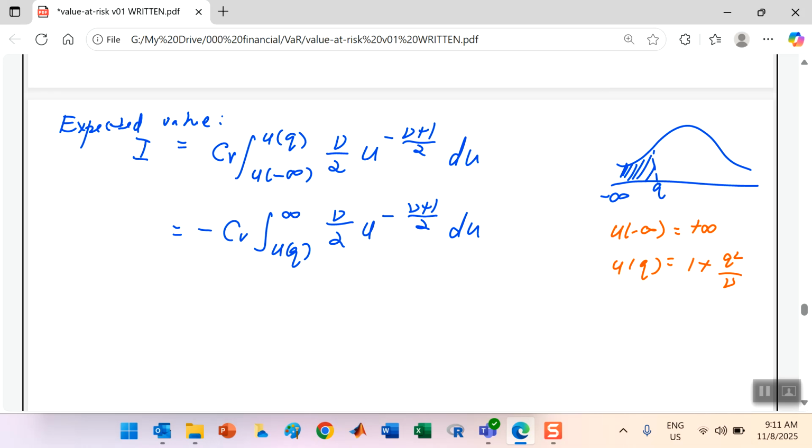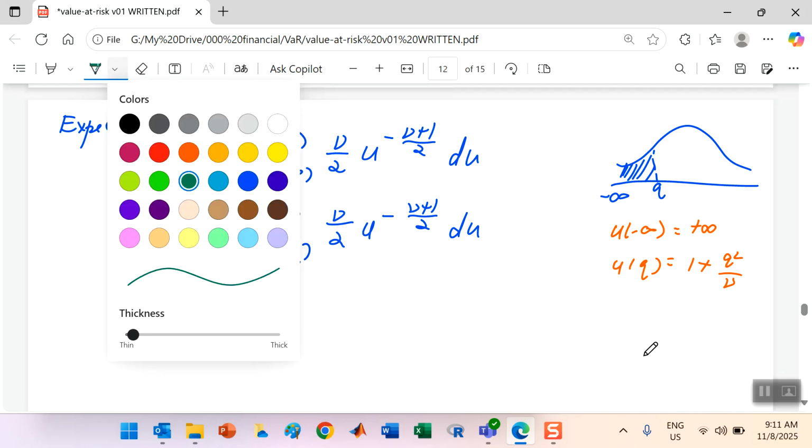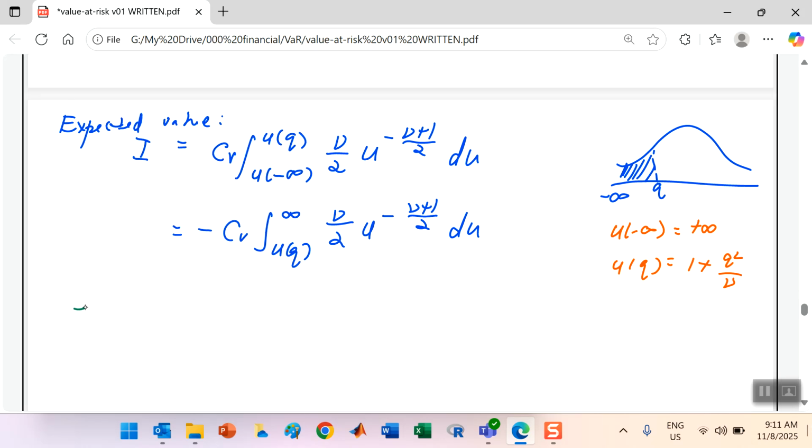Now we can find the integration of this part. For the inner part, you integrate u to the power of −(μ+1)/2. Since μ is a constant, integrating this, you get the power −(μ+1)/2 plus 1.